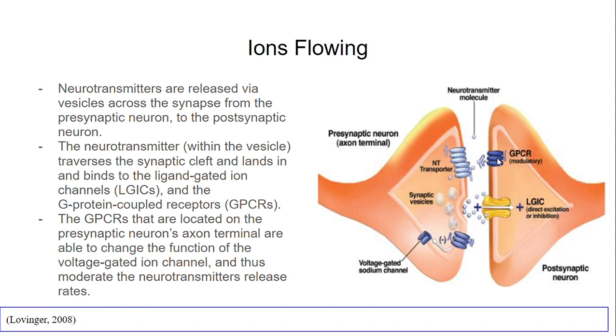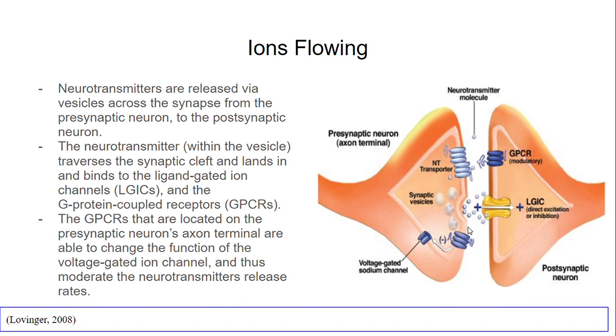The G protein-coupled receptors that are located on the presynaptic neurons are able to change the function of the voltage-gated ion channel, as seen by this diagram down here. We can see that this G protein coupled receptor is then able to modify this voltage-gated sodium channel, telling it to open or to close depending on what the neuron needs.